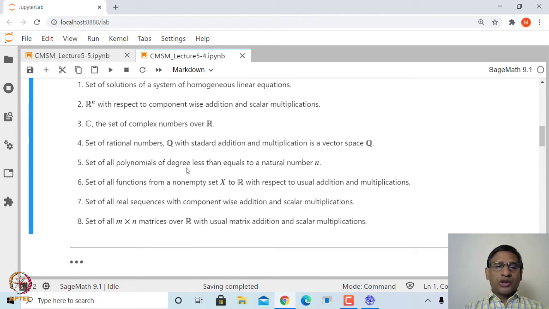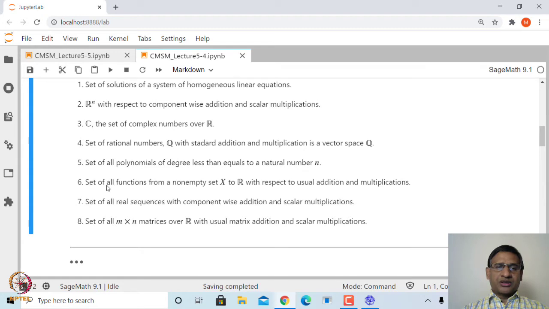The set of all polynomials of degree less than or equal to a natural number n is also a vector space over R, and adding two polynomials is done in the standard way, coefficient-wise.